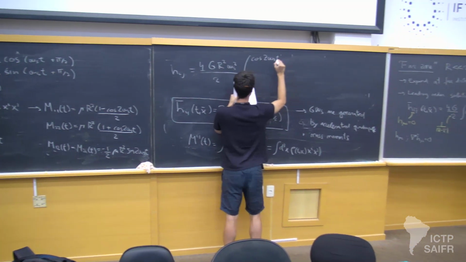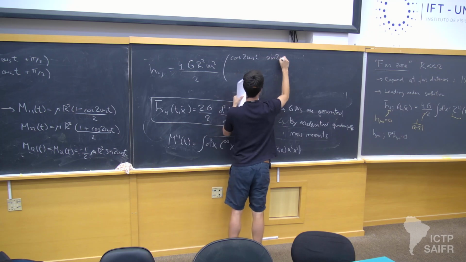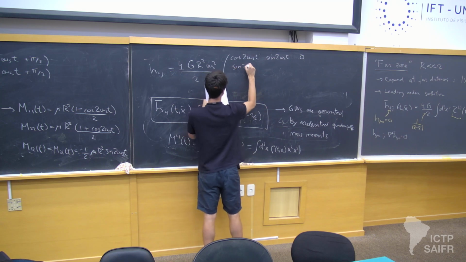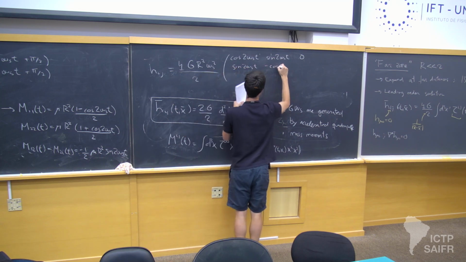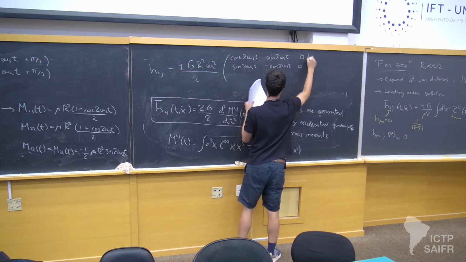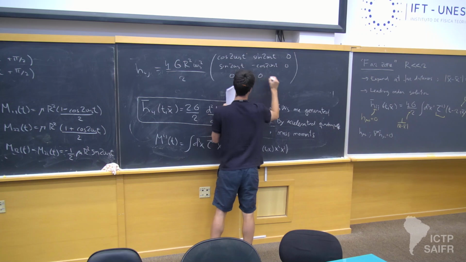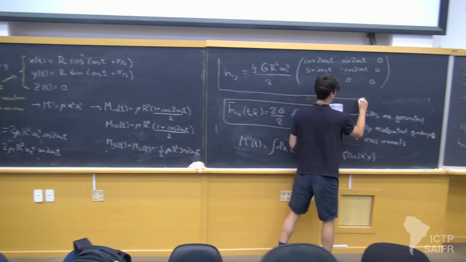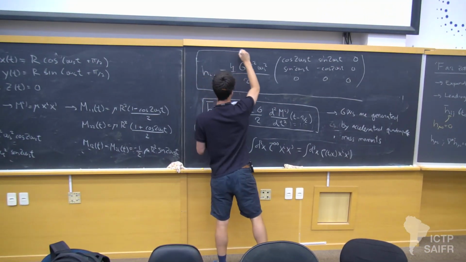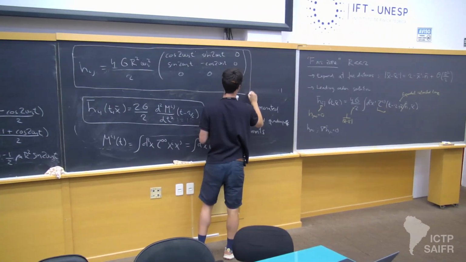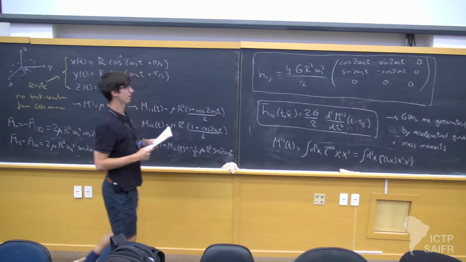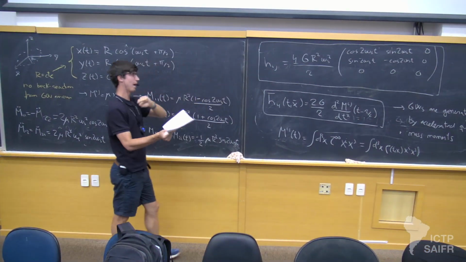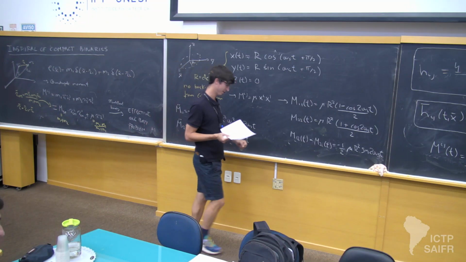Cosine 2 omega s t, sine 2 omega s t, 0, and then sine 2 omega s t, minus cosine 2 omega s t, 0, 0, 0, and 0. So this is the expression that one gets for the gravitational waves which are emitted by 2 point particles which are orbiting around each other.